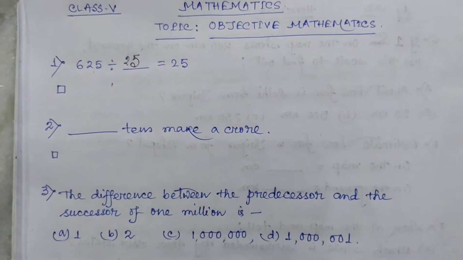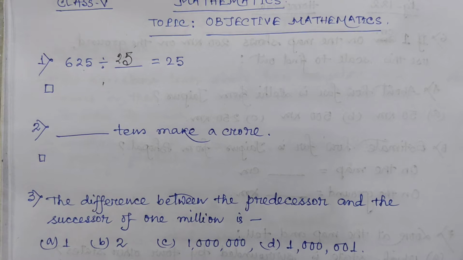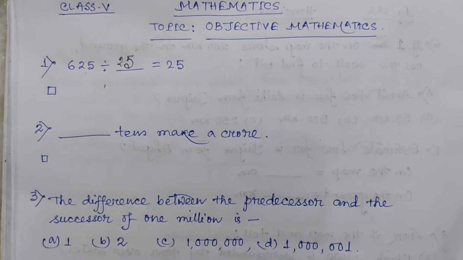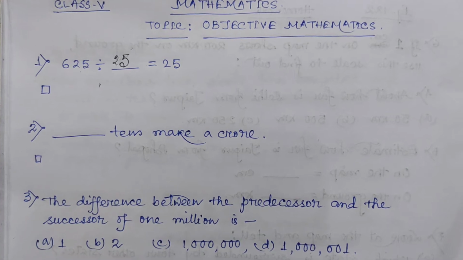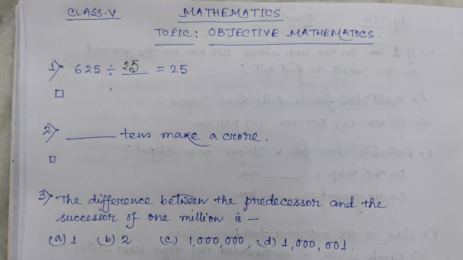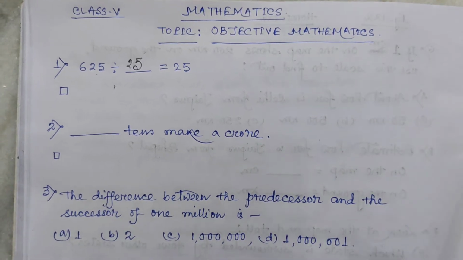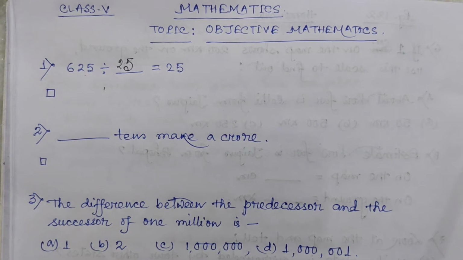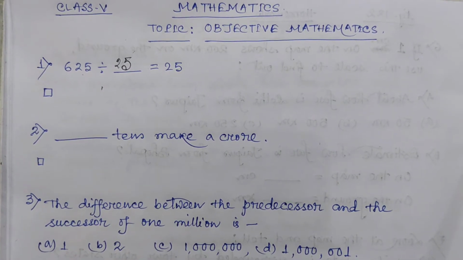Next, number 2. Dash tens make a crore. So how many tens make a crore? We know that 100 lakhs means 1 crore.